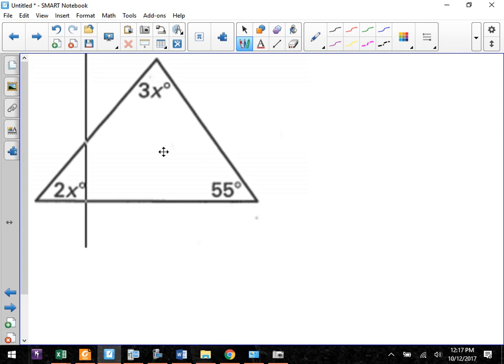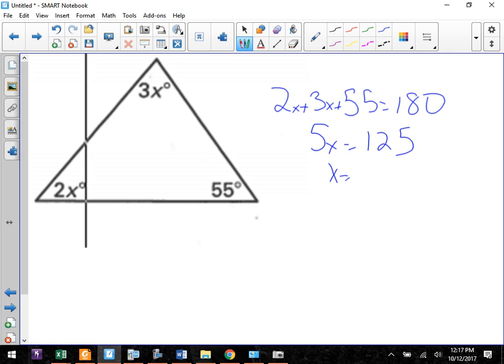In this case here, with the sum of the interior, 2x plus 3x plus 55 has to be 180. Everybody okay with me skipping a couple of steps? Yeah. Remember, all I did there was move the 55, combined the 2 and the 3 right off the bat. Right.